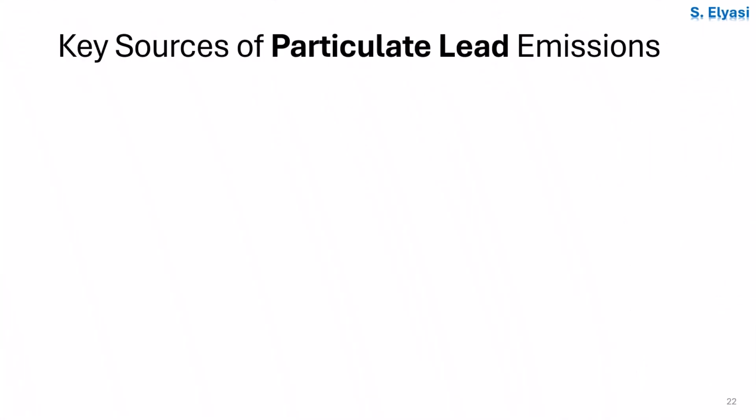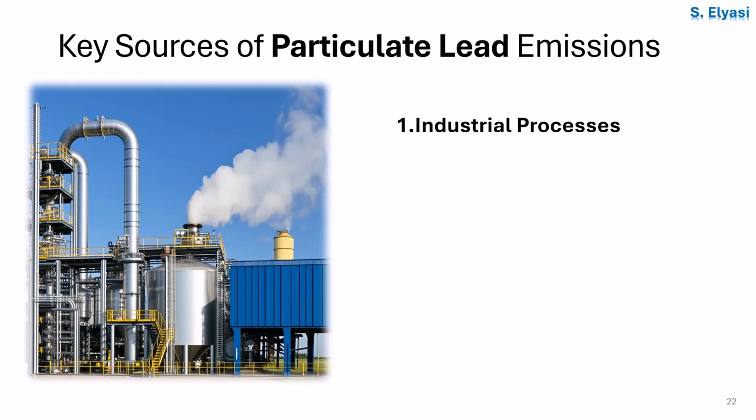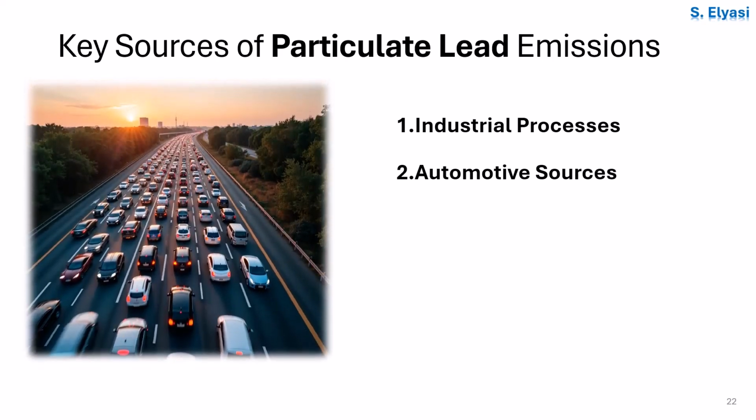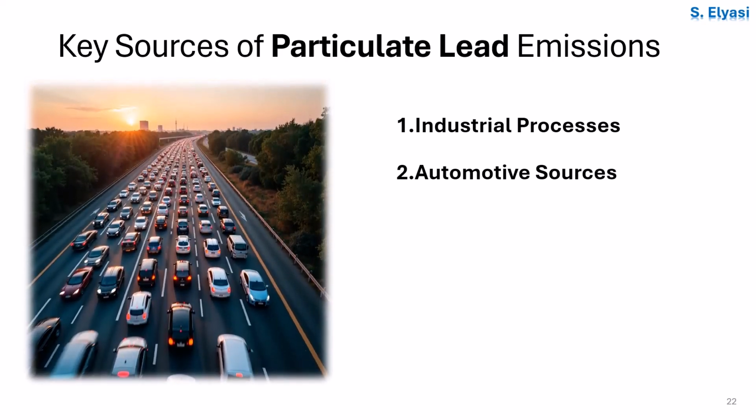Particulate lead, often found in the environment as a result of various human activities, comes from several primary sources. Industrial processes. Certain industrial processes release lead particles into the air, including metal smelting, battery manufacturing, and recycling facilities. Automotive sources. Although leaded gasoline has been largely phased out, residues from its extensive past use can still be found in soil near roads and in urban environments.